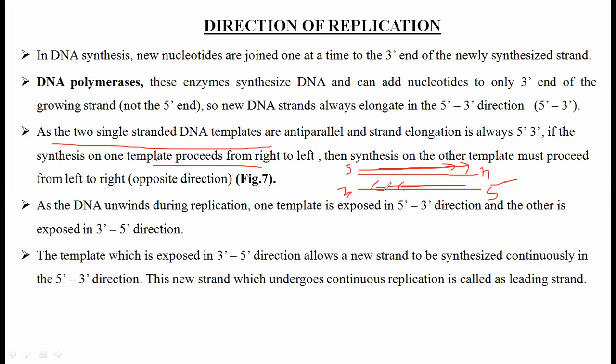On the one, it will be from right to left, and on another one, from left to right, because the DNA replication is always in the direction of 5 to 3, and the 2 strands of the DNA are anti-parallel. 5 to 3, and another one is 3 to 5. This is how the DNA is, right? This will go like this, and this has to go like this. That's what we say, it is anti-parallel. The 2 strands are anti-parallel in DNA.